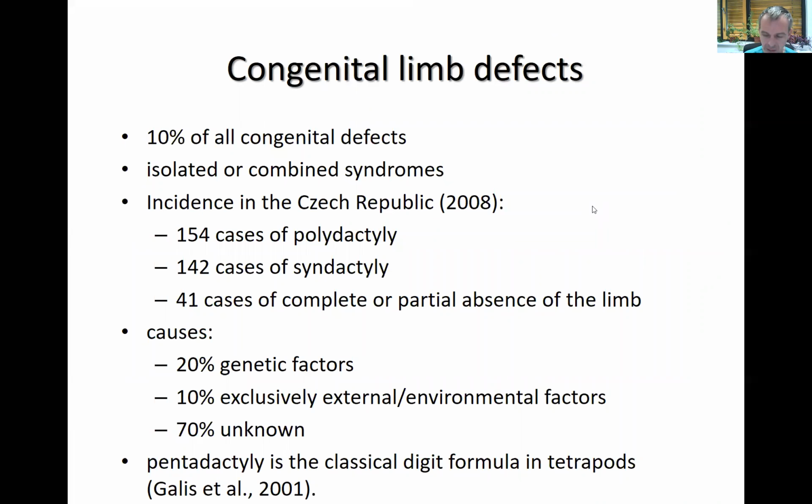Now, the message of this information about the limb development is that we have congenital limb defects, which form 10% of all congenital defects, which is quite a large number.